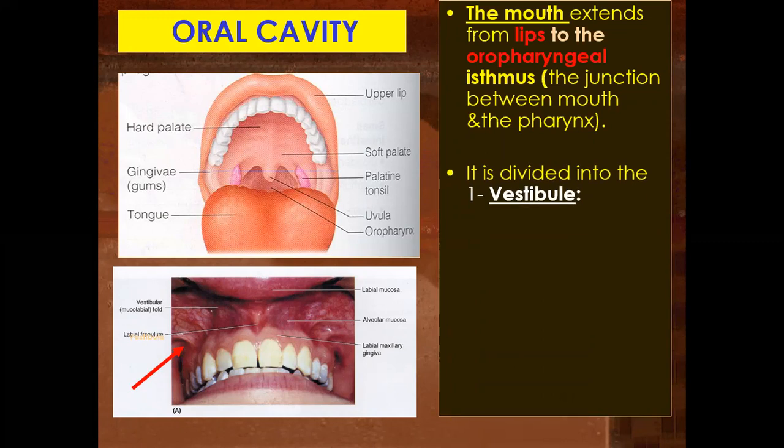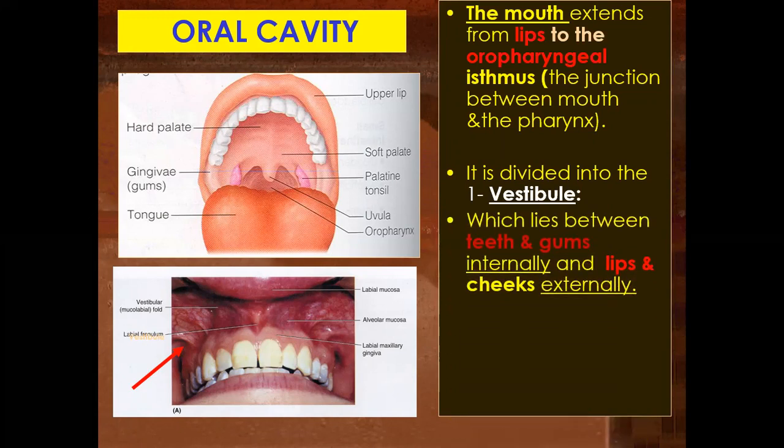This oral cavity is divided into two parts. One is called the vestibule, which is a very small space between the teeth and the gums on one side, and the lips in the front as well as the cheeks on the sides.